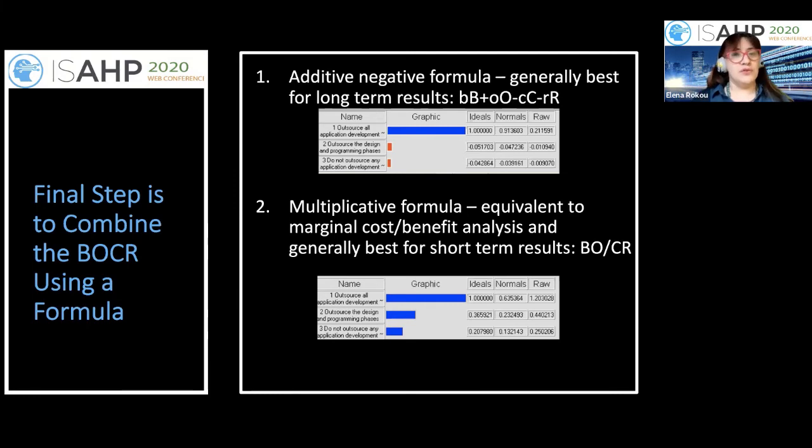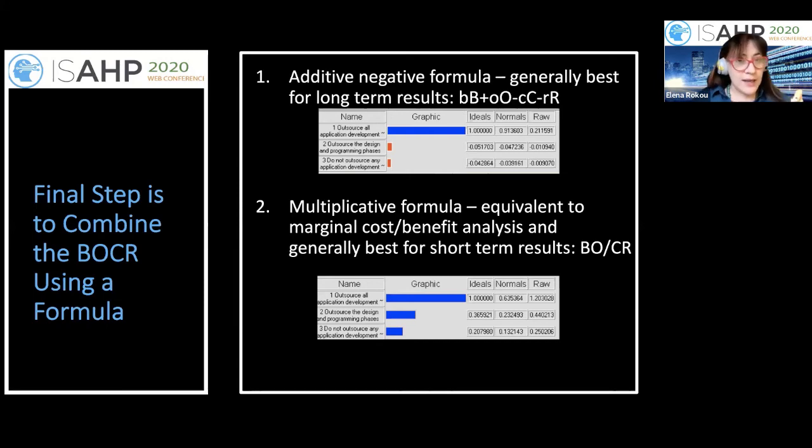These are the BOCR in that formula. And take also the priorities that you get from your ratings model, idealized really, and combine them. How? Multiply the ratings value times the actual value from the subnet and add it if it's benefits and opportunities, subtract it if it's cost or risk.